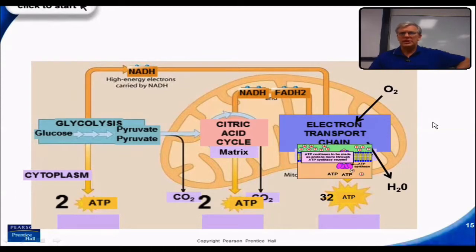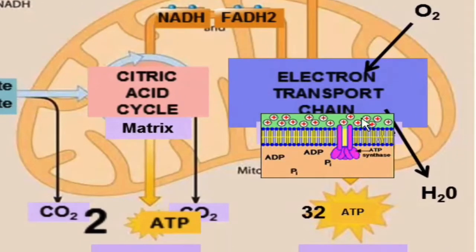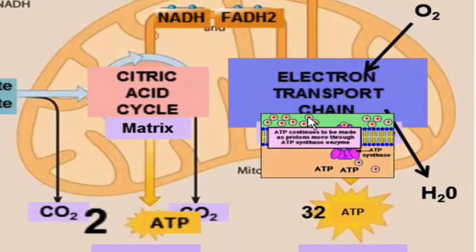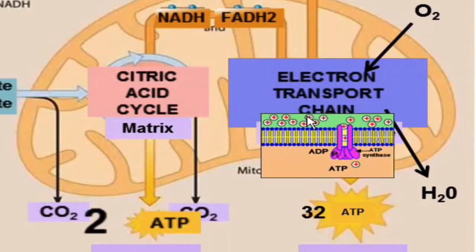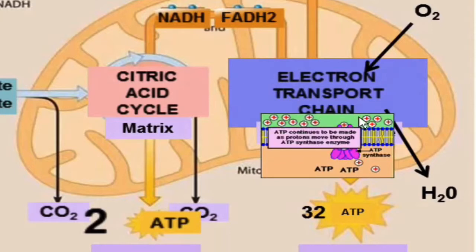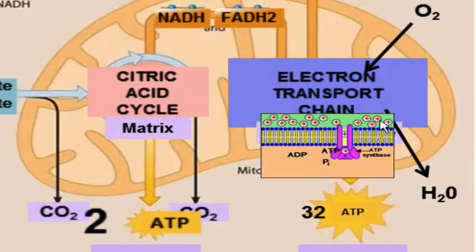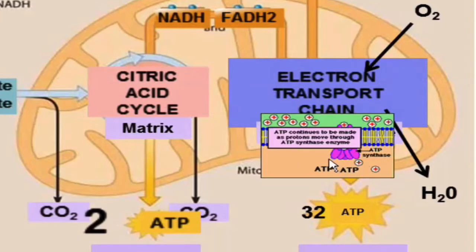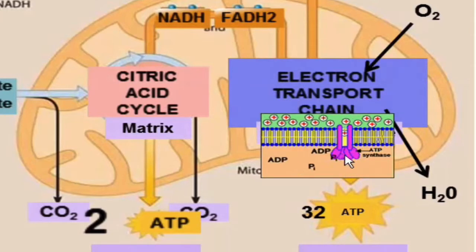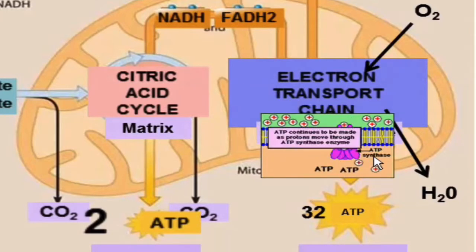But what we're going to see is there's going to be an accumulation of hydrogen ions on one side of this membrane. And just like in diffusion, when there's a high concentration on one side of the membrane, they're going to want to try and move across the membrane. Well, they can't move across the membrane except for one place, and that place is through this molecule called ATP synthase.